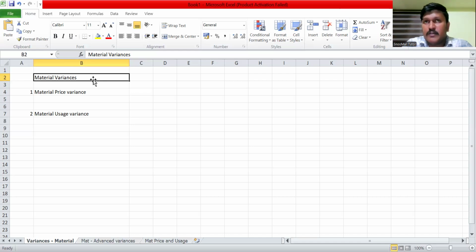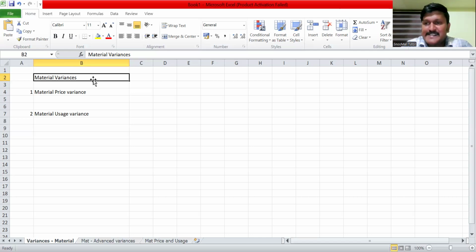So there is a change in what you expected and what actually came as the price of that material. It is purely relating to your price.